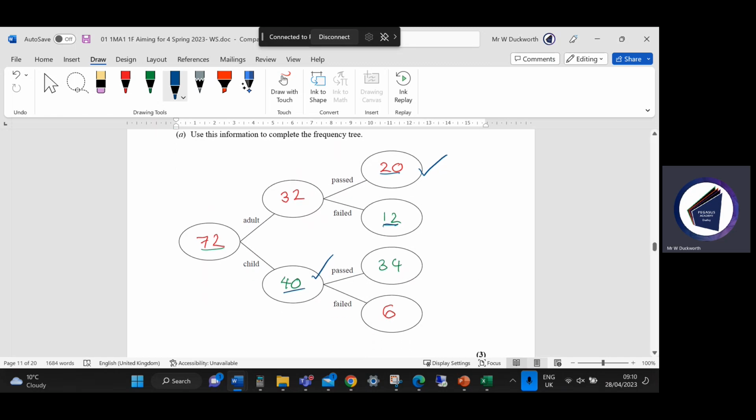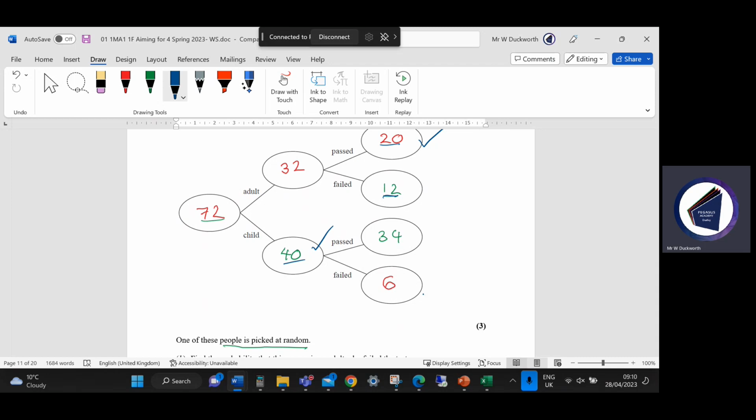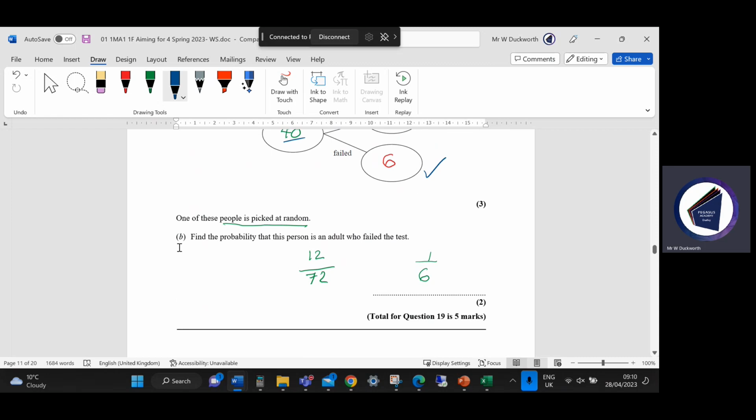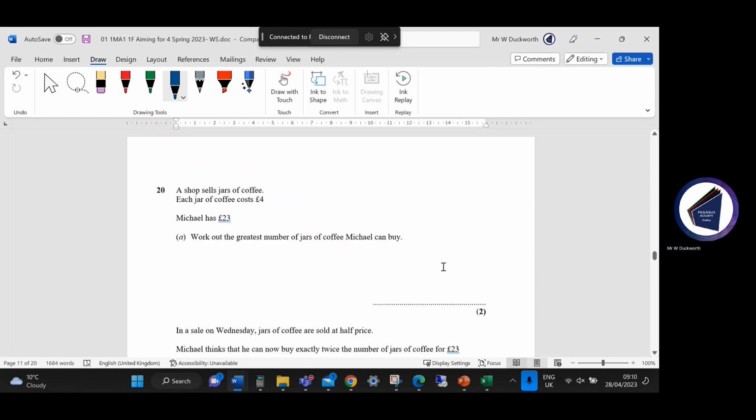And then the final mark for the complete frequency tree, sorry. And then part B, this mark is given for the method to find the probability. For example, you could have had a number over 72 would give you a mark, or 12 over another number, but it's 1 mark for the numerator or the denominator, 1 mark for the correct fraction.